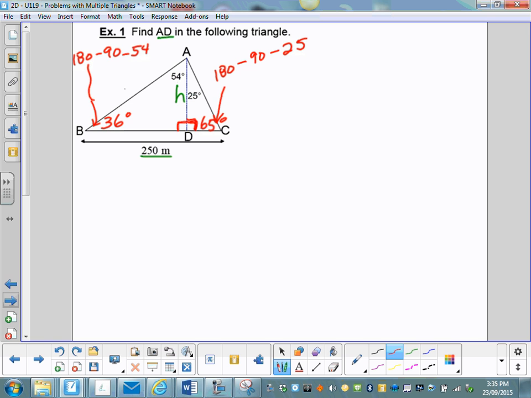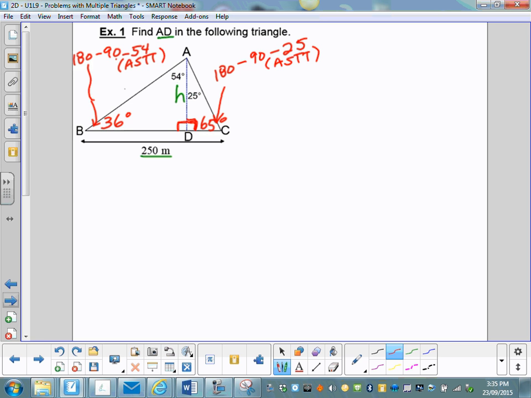So all that information we can find by using ASTT. So if I was going to list my reasons here, this is ASTT, and this is ASTT.